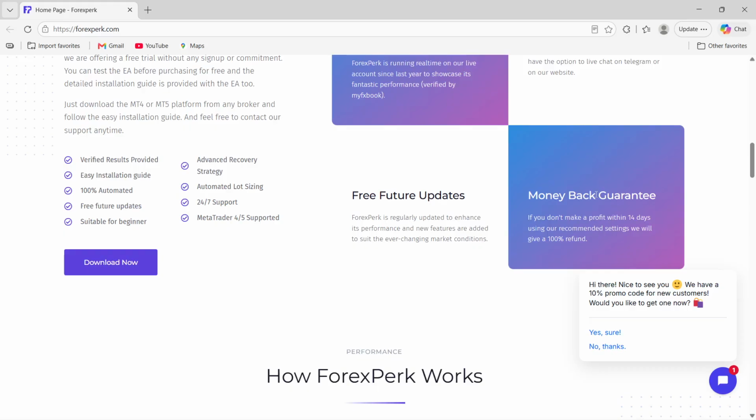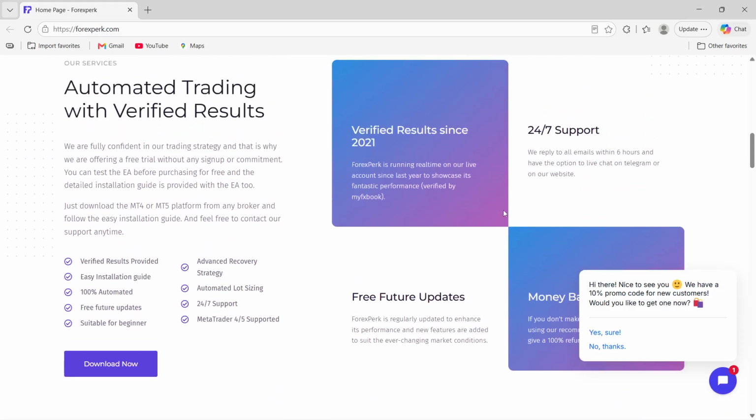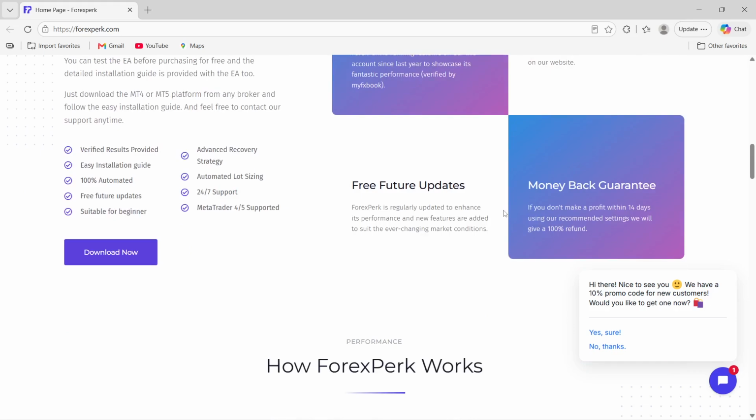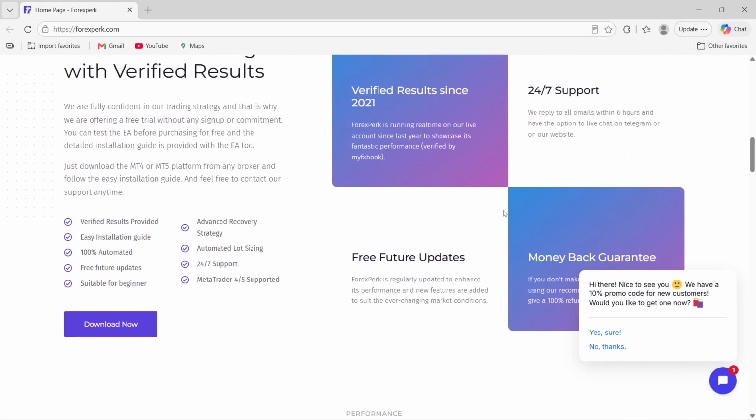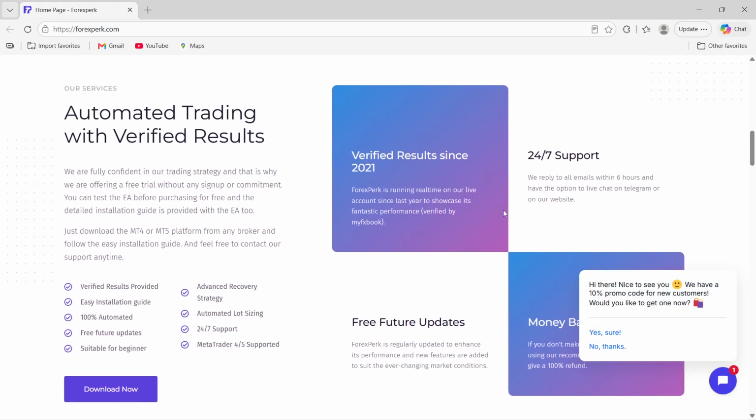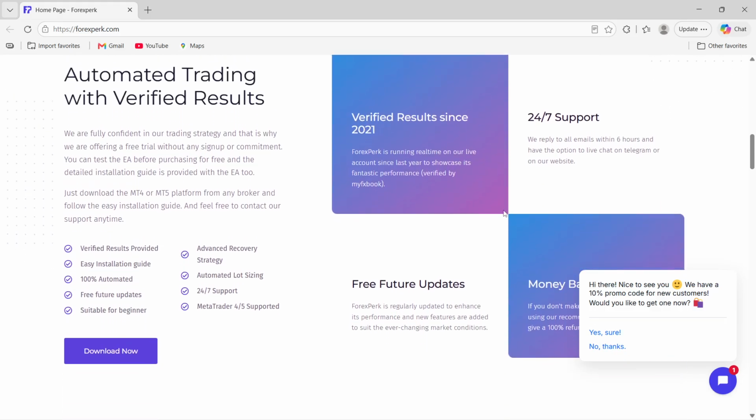These are actually very high claims, but like I said, you need to take everything on the developer's page with a pinch of salt, as this could be part of a marketing strategy and not actually verifiable.